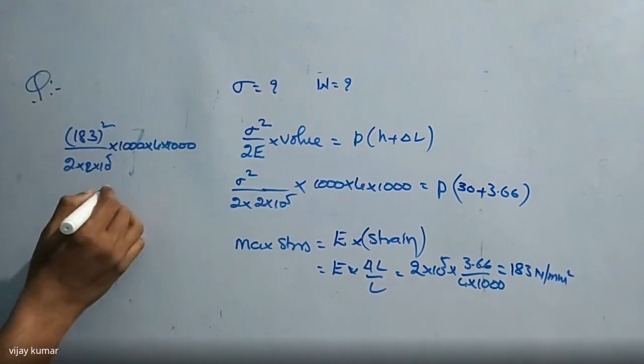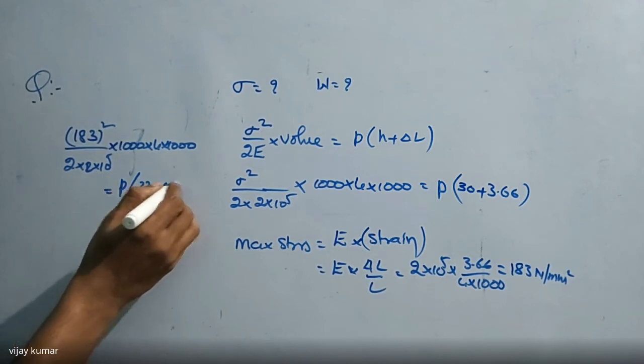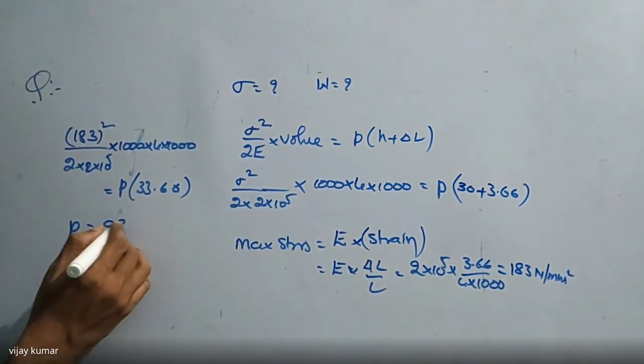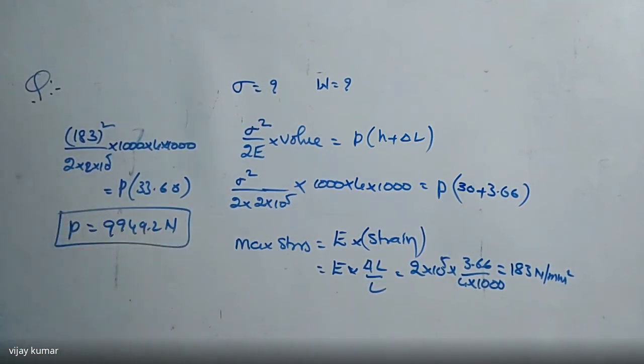This is equal to P into 33.66. Then P is equal to 9949.2 newtons. This is the value of load which is released at a distance of 30 mm from the bottom end of the bar, which is connected to a rigid collar. Did you get your point or not?